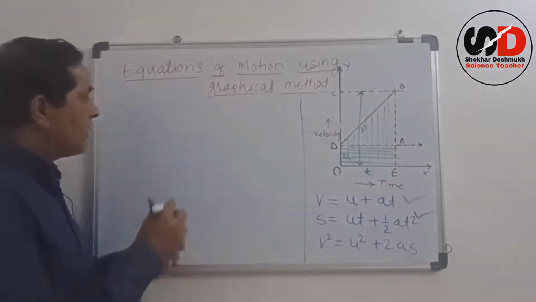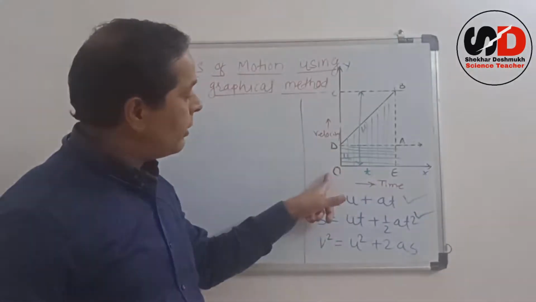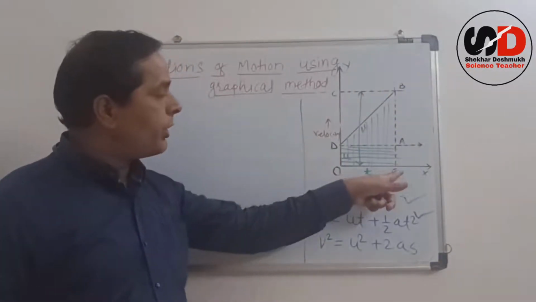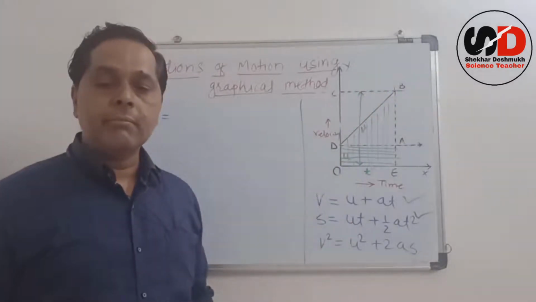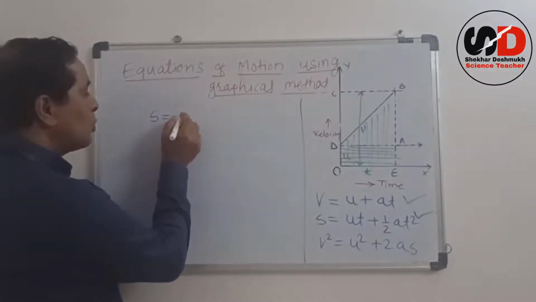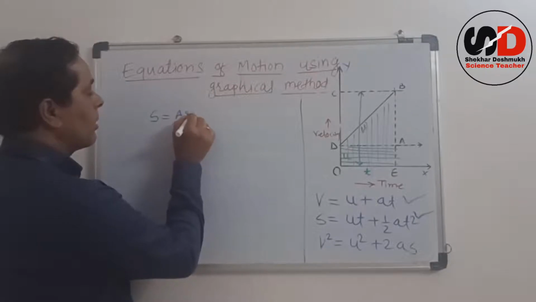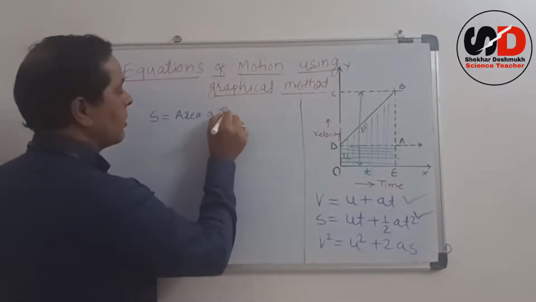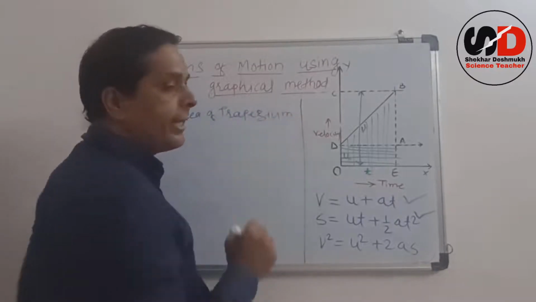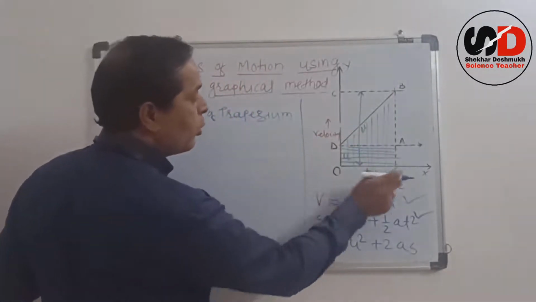That means the displacement S is equal to the area of quadrangle DOEB. But this quadrangle DOEB is a trapezium. So area of trapezium DOEB.